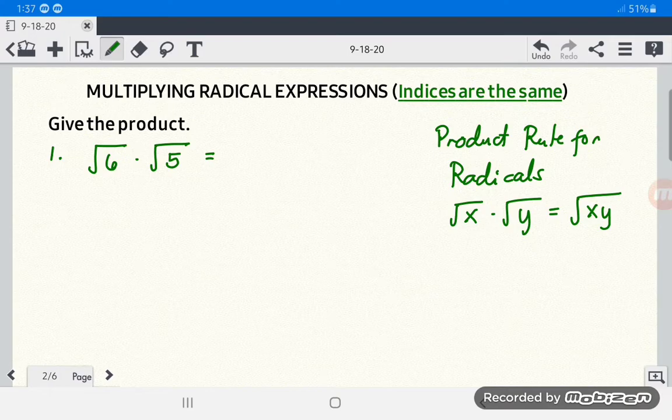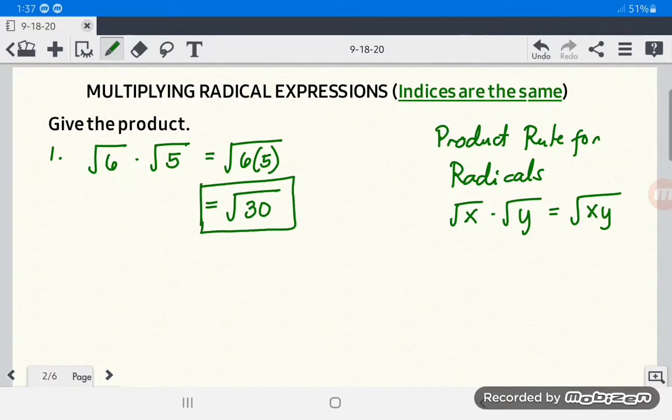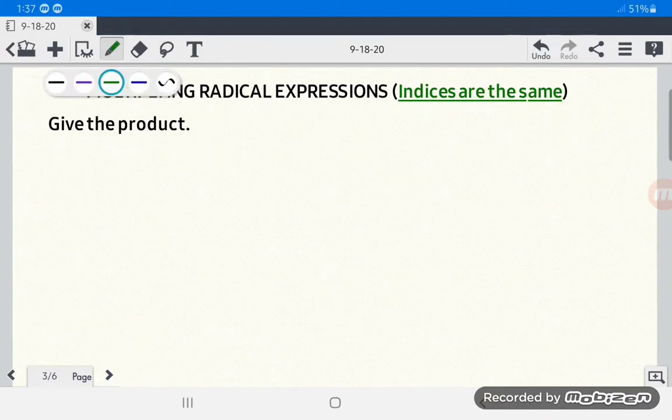Okay, so given the square root of 6 times the square root of 5, if we multiply, that is the square root of 30. So we have 6 times 5, so we have the square root of 30. Okay, so this is now the simplified form of number 1. Next, number 2.